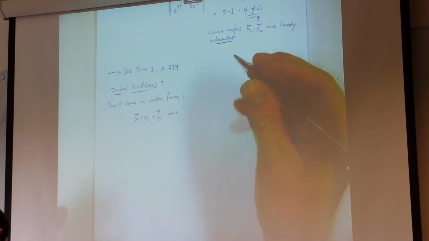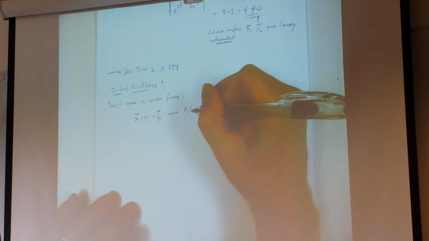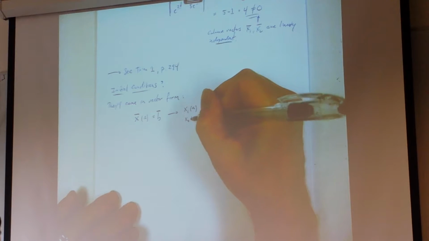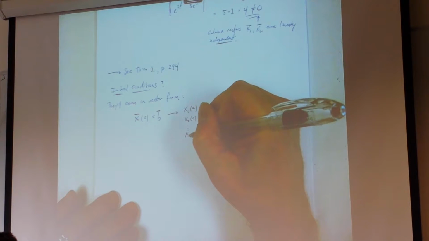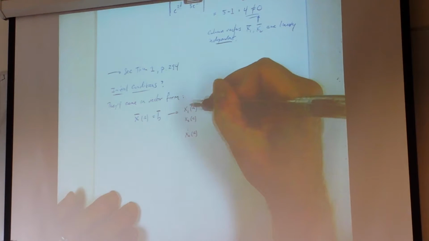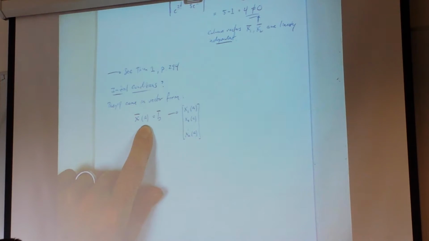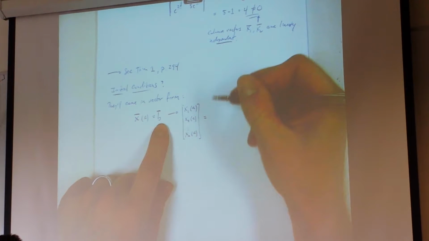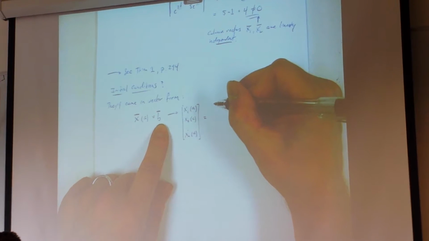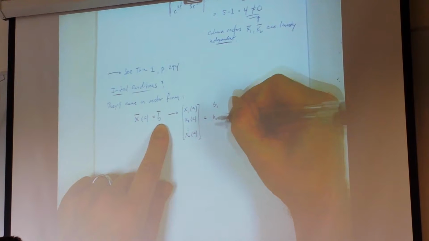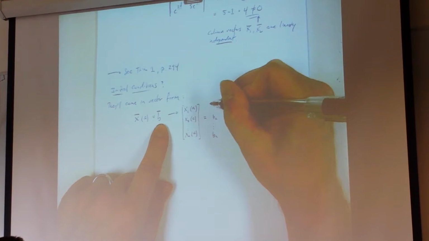If it's an nth degree system, then what it looks like is x sub 1 of a, x sub 2 evaluated at a, x sub n evaluated at a. That is, x bar evaluated at a equals this column vector of constants, b1, b2, bn.